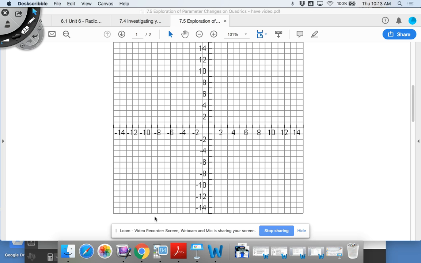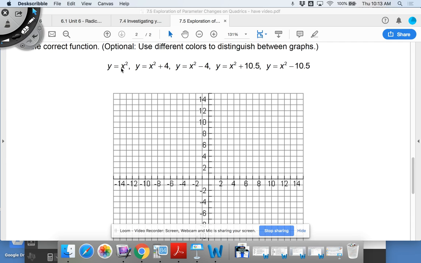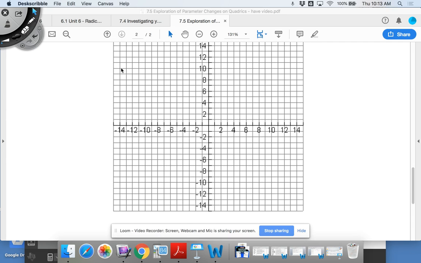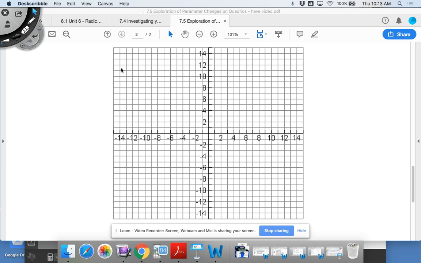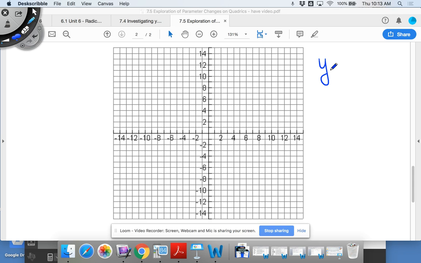On the other side, we have some different equations. Our first equation is the same, y equals x squared. So I'm going to go back with blue, because that's what our calculator uses. And I'm just going to do the parent quadratic function. So I know it goes through 0, 0, 1, 1, 2, 4, 3, 9.